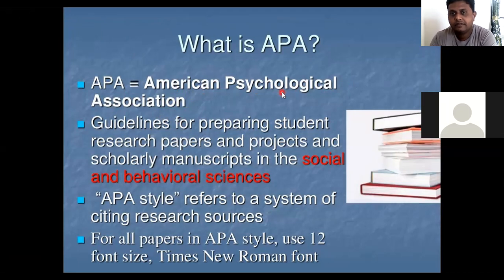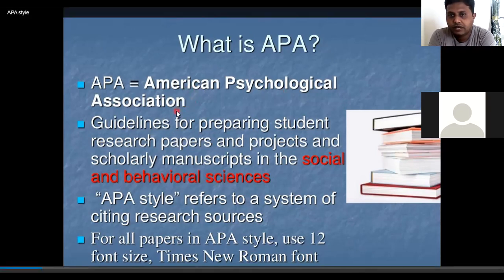So MLA and APA, these two citation styles have been evolved and used on a large scale by the Americans first. And as we know that whatever America does, the world imitates, right? So that's why MLA and APA are the gifts of America to the world. So American Psychological Association developed this APA style.